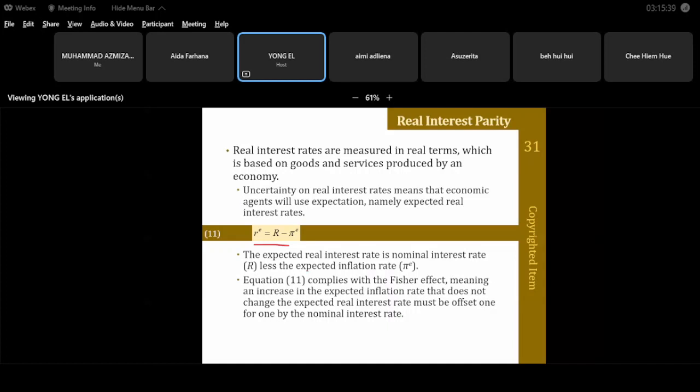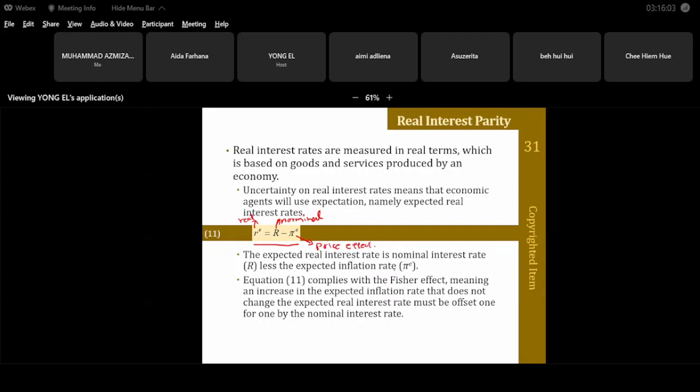The price effect is the inflation rate. R is nominal. This one is the nominal interest rate. This one is real. And this one is the price effect.